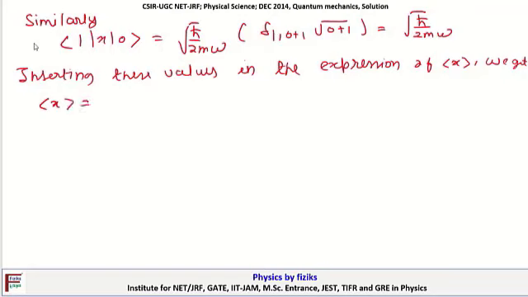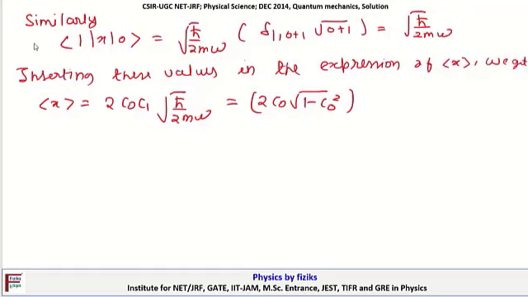average x will be 2 C0 C1 ħ by 2mω, which can be written as 2 C0 root of 1 minus C0 square into ħ by 2mω.